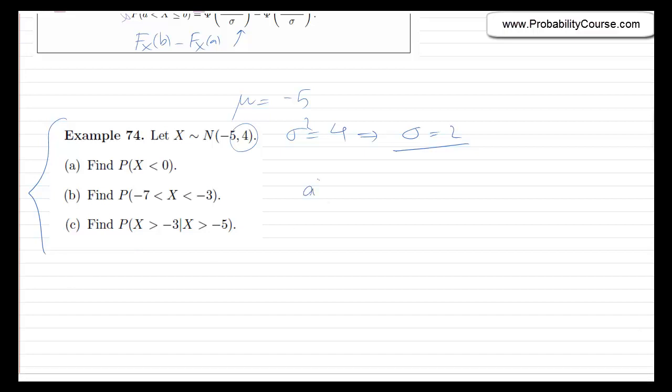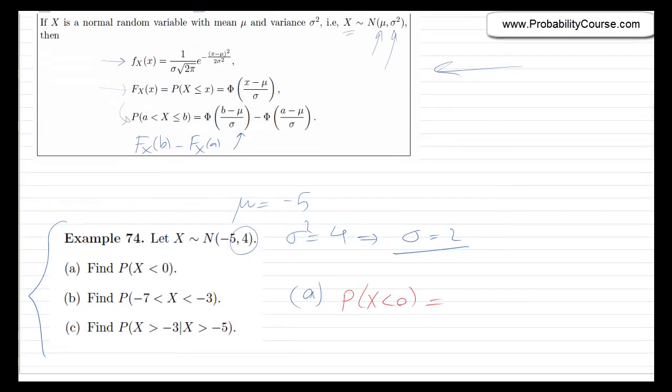Part A. What is the probability that x is less than 0? Well, by our formula this is phi of (0 minus mu) over sigma. But what is mu here?